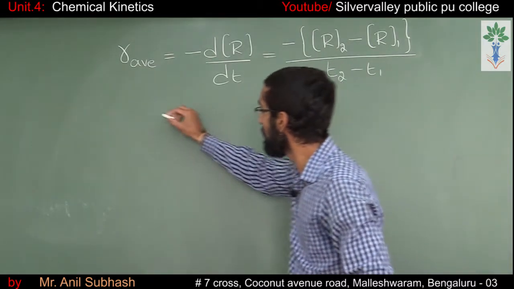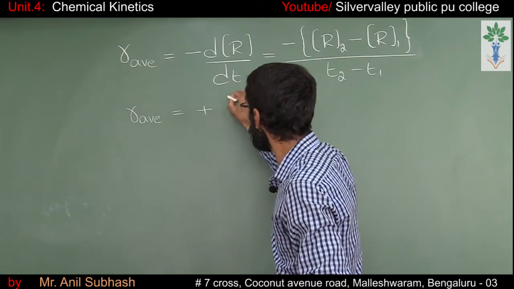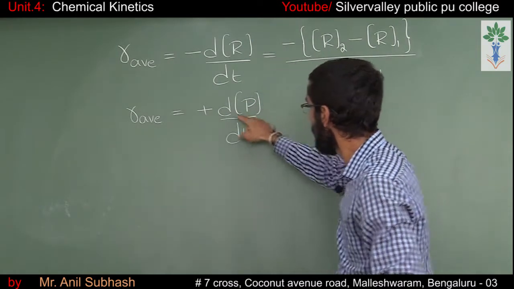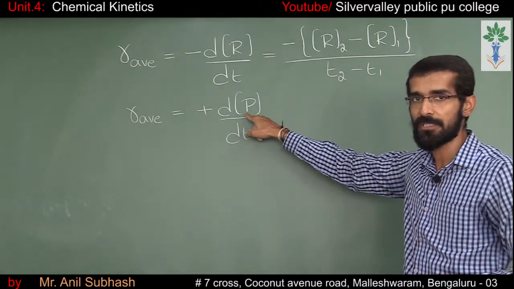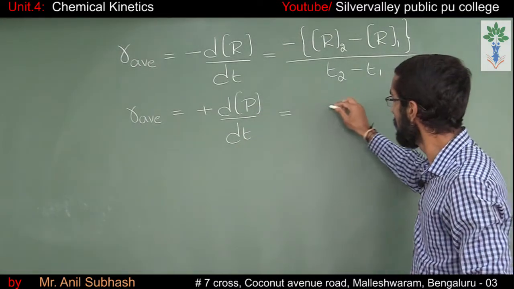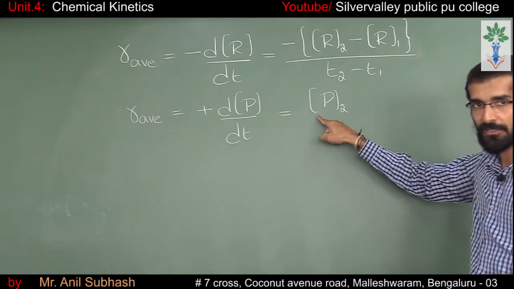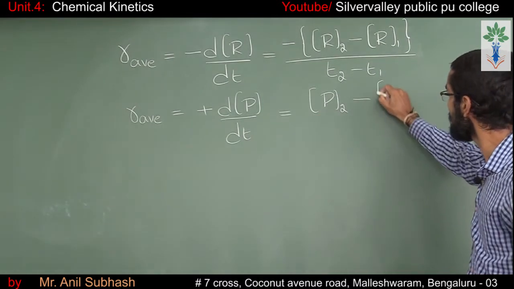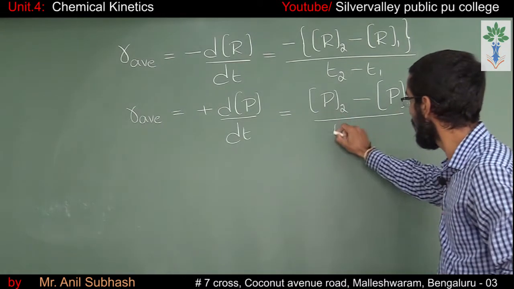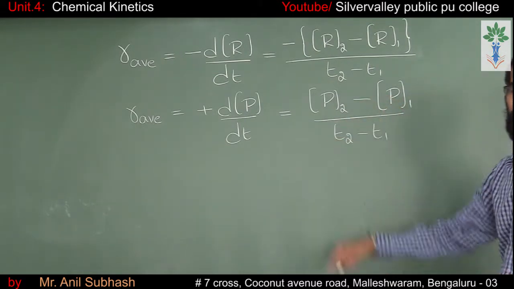In the same way, the average rate can also be written as plus dP by dt, where dP represents the change in the concentration of the product and dt is a small interval of time. That is equal to P2, the final concentration of the product, minus P1, divided by T2 minus T1, which is the time interval.